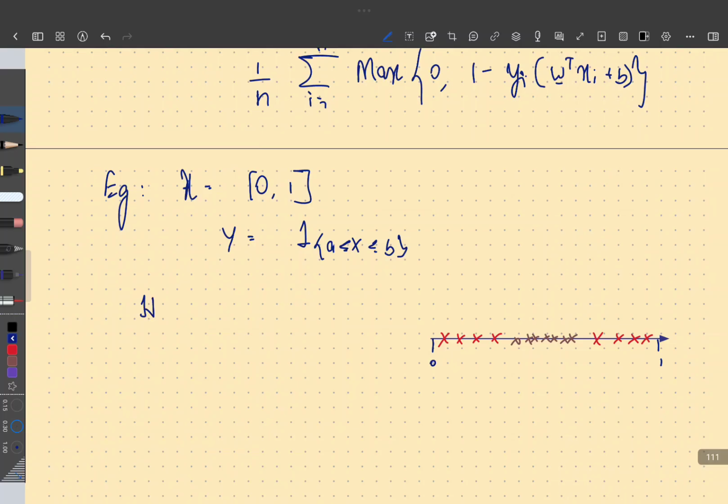It's a threshold classifier, right? The set of all h such that h of x is the indicator that x is less than or equal to alpha, or the indicator that x is greater than or equal to alpha, or strictly greater than alpha and strictly less than alpha. This is what any linear classifier can look like.